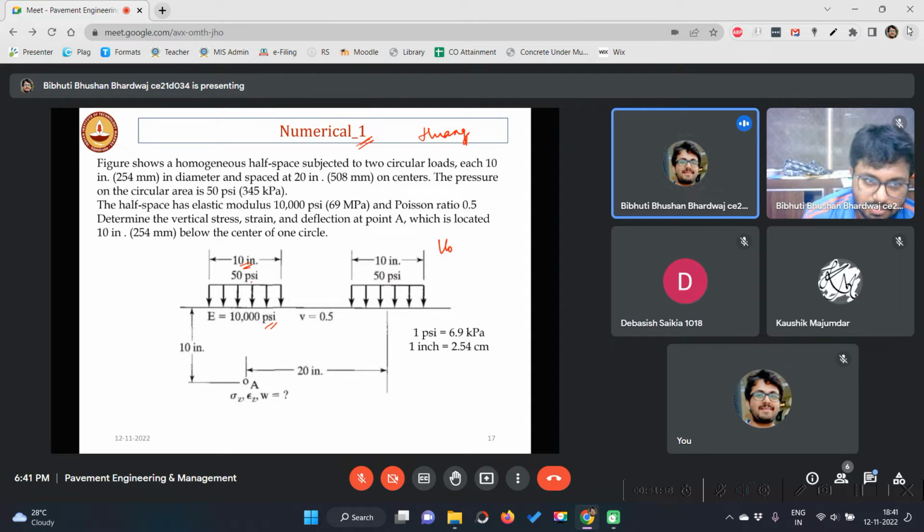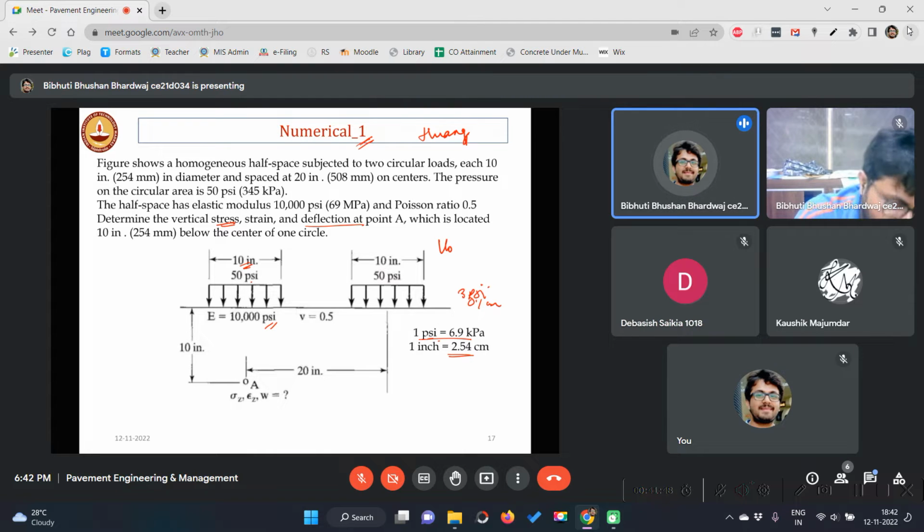So I suggest you don't convert initially, you convert the final answer. Suppose you've been asked to find stress and you get, say, 3 psi. That 3 psi you convert by multiplying by 6.9. Deflection you are getting 0.1 inch, so you report it as 0.254 centimeter, like that.